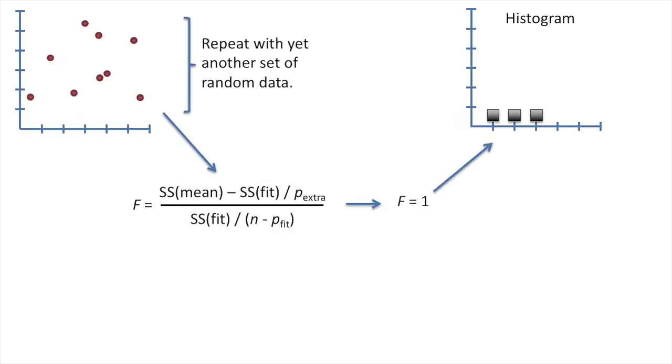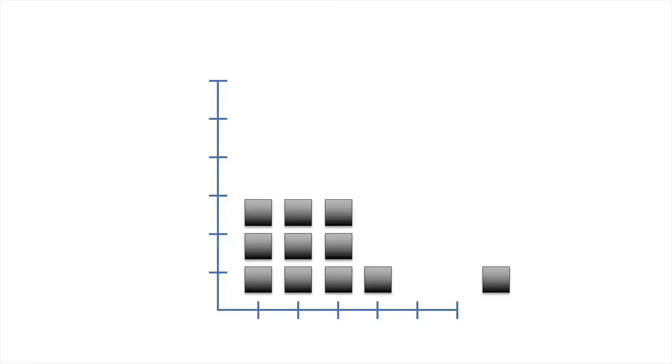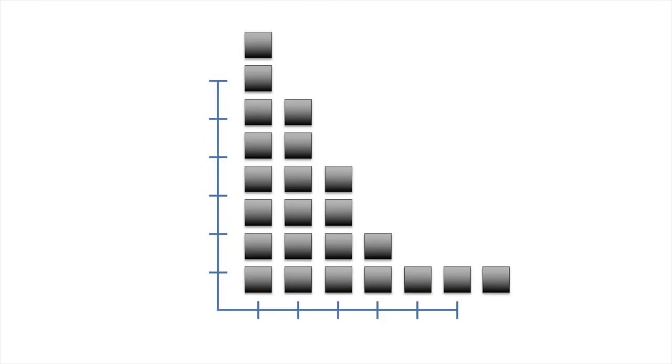And then we repeat with yet another set of random data. In this case, we got f equals 1. That's plotted on our histogram. And we just keep generating more and more random data sets, calculating the sums of squares, plugging them into our equation for f, and plotting the results on our histogram. Now, imagine we did that hundreds, if not millions of times.